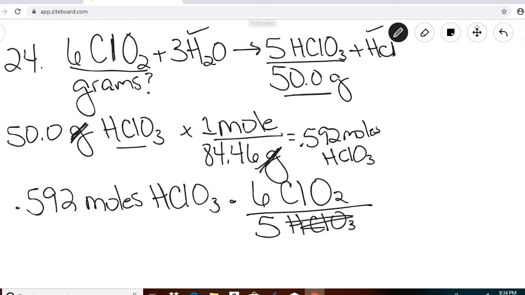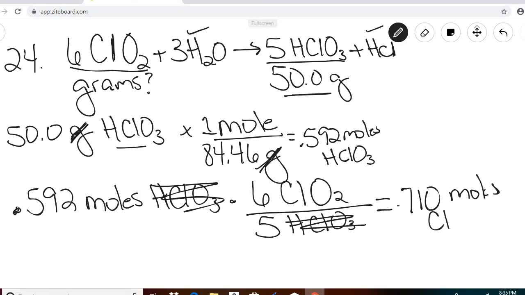Okay, so these HClO3s are going to cancel. You'll be left with moles of ClO2. So 0.592 times 6 divided by 5 will give you 0.710 moles of ClO2. Okay, so we're not quite there because we want the answer in grams, so we just need to convert these moles to grams.